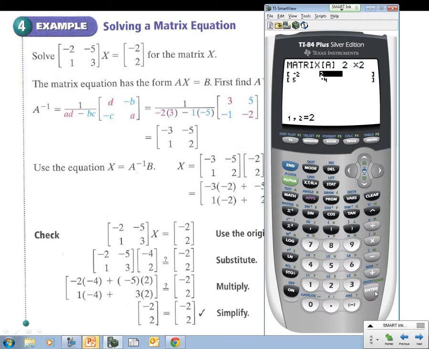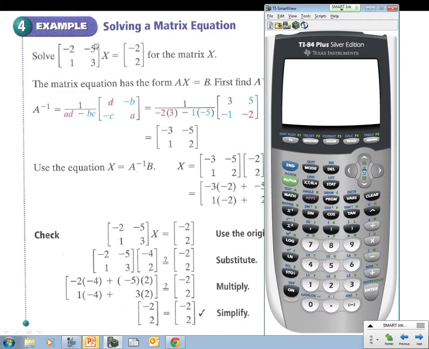Negative 2 and negative 5 and 1 and 3, and then let's edit B. So it's a 2 by 1. And we want, so this is going to be this matrix here. Negative 2 and 2. I'm going to go out of here and clear it off so we can see it.